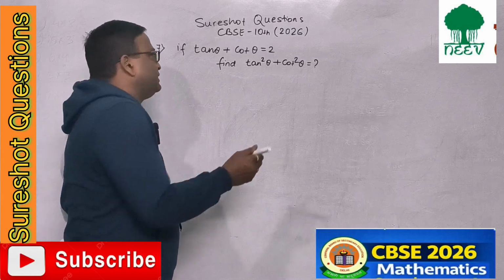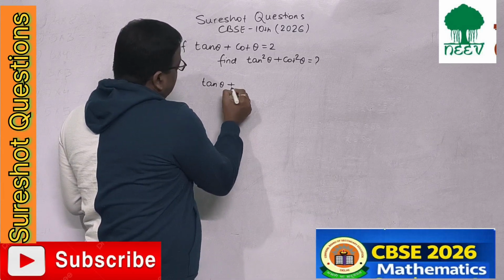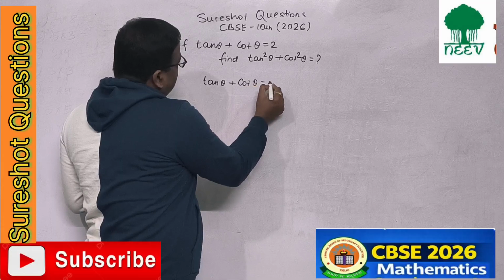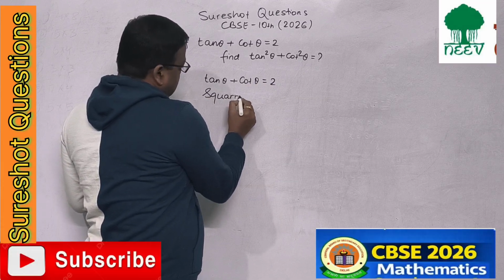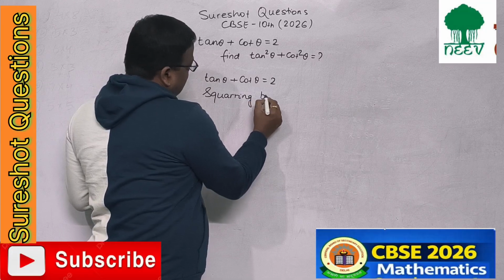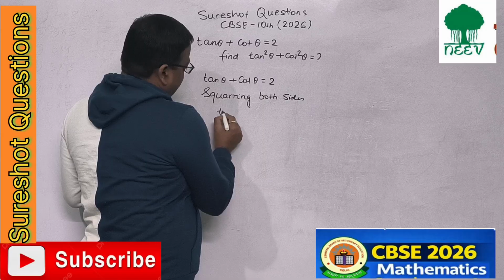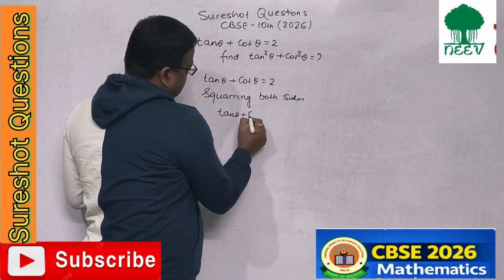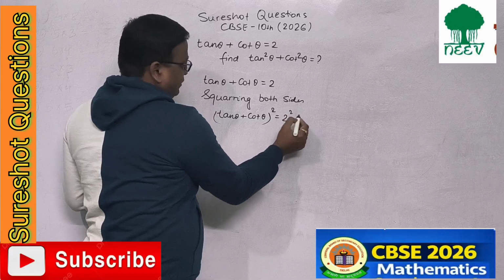So the given thing is tan theta plus cot theta is 2. What we will do is square both sides. So (tan theta plus cot theta) whole square is 2 square.